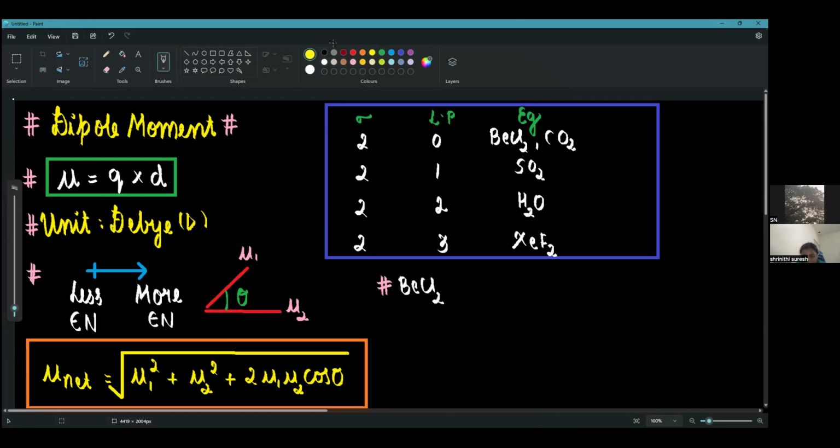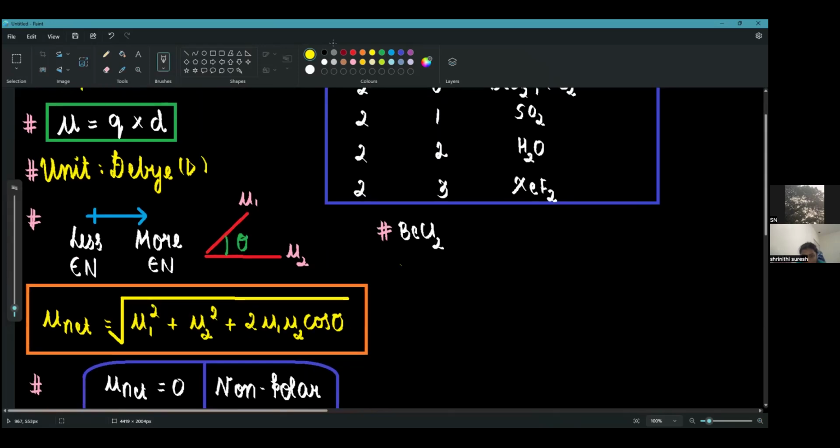So in BeCl2, you will agree with me that its geometry is linear, like this. So here the bond moment will be directed towards chlorine because you know that chlorine is more electronegative than beryllium. Correct, madam? So the bond moment will be directed towards chlorine. Did you understand this?